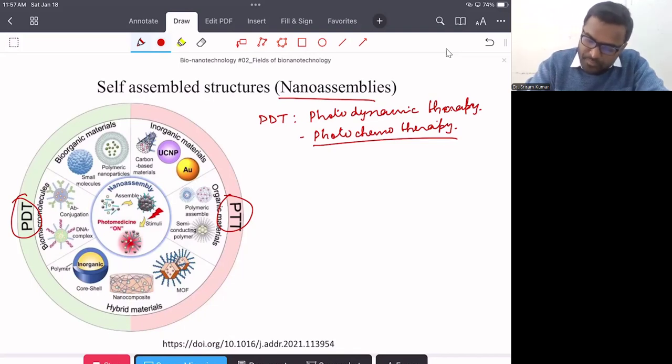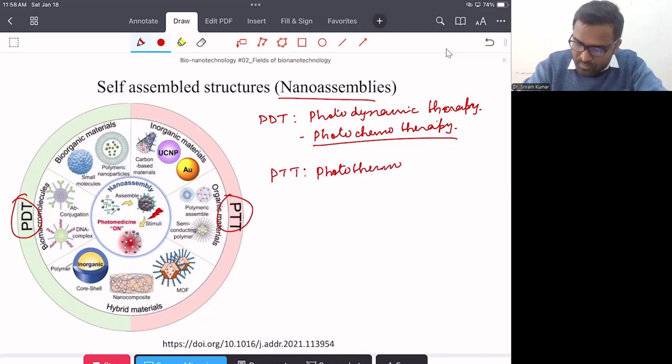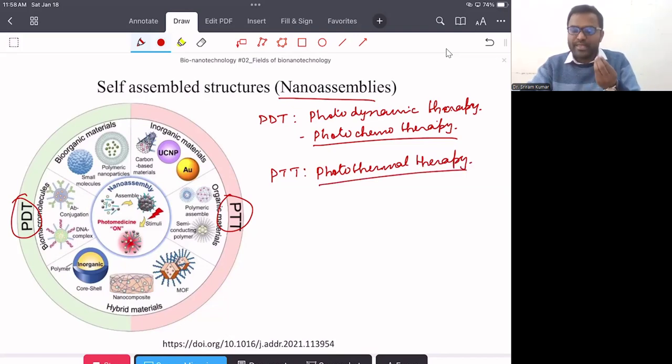And PTT means photothermal therapy. So we can use either PDT or PTT as a tool to diagnose or treat cancer.